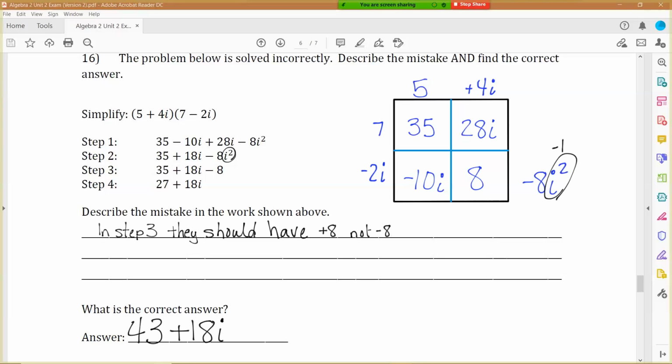You could, again, elaborate further because i squared equals negative 1. There's lots of different answers you could have here, but you need to have something about them not taking out i squared and replacing it with negative 1. Something about that i squared disappearing from the problem. They didn't change their sign.